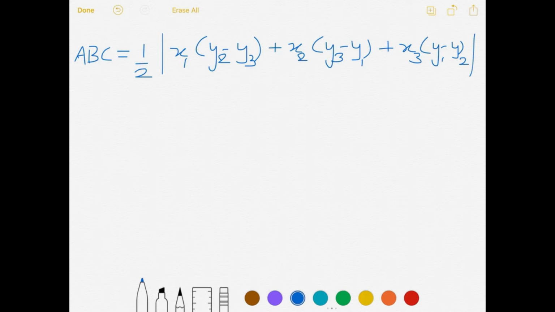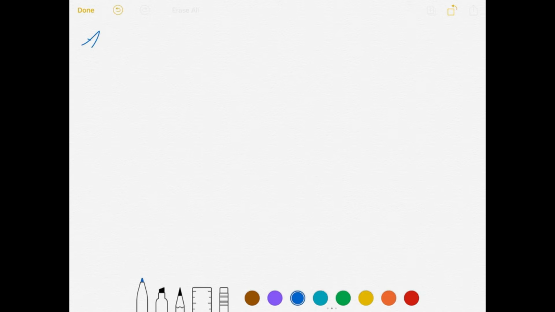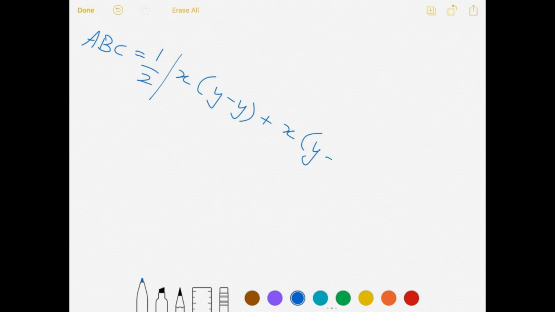Easy. This looks a little untidy, so I am writing the formula one more time. The triangle area ABC equals half mod. First write this: x, y minus y, plus x, y minus y, plus x, y minus y.